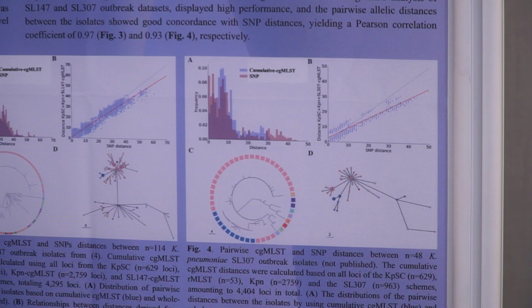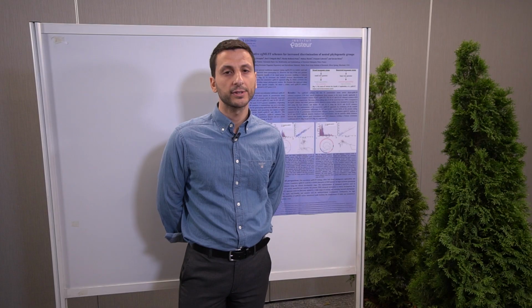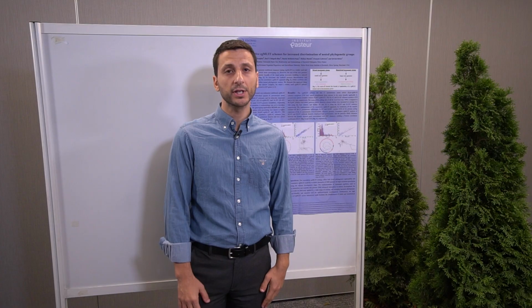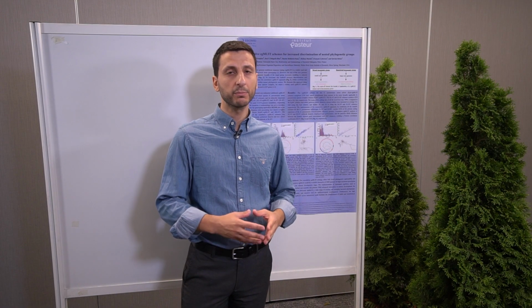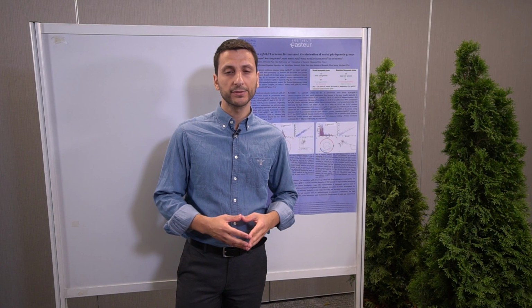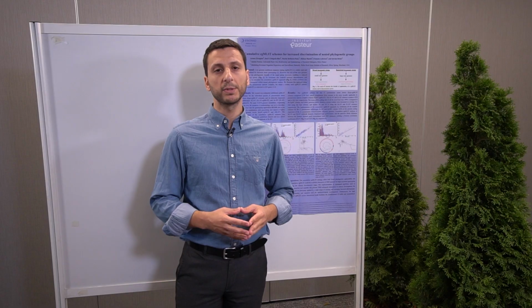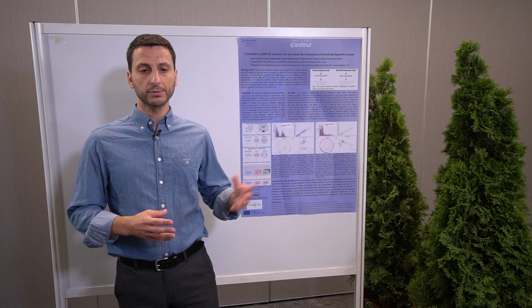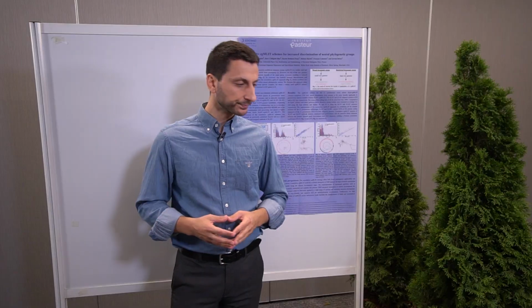And so, as any method, it has its limitations. In this case, the main bottleneck of cumulative cgMLST analysis would be the development step of the schemes, which can be time-consuming. And to ameliorate this and accelerate this step, we could use automated bioinformatic pipelines, which is something we are already working on.